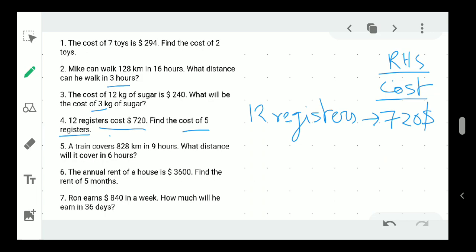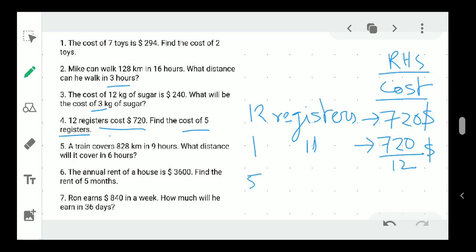$720. So 1 register, so this double comma means I am writing the same thing down, but I am not writing it. Double comma means the same thing is downwards. So 1 register is 720 divided by 12. So I have to find for 5.